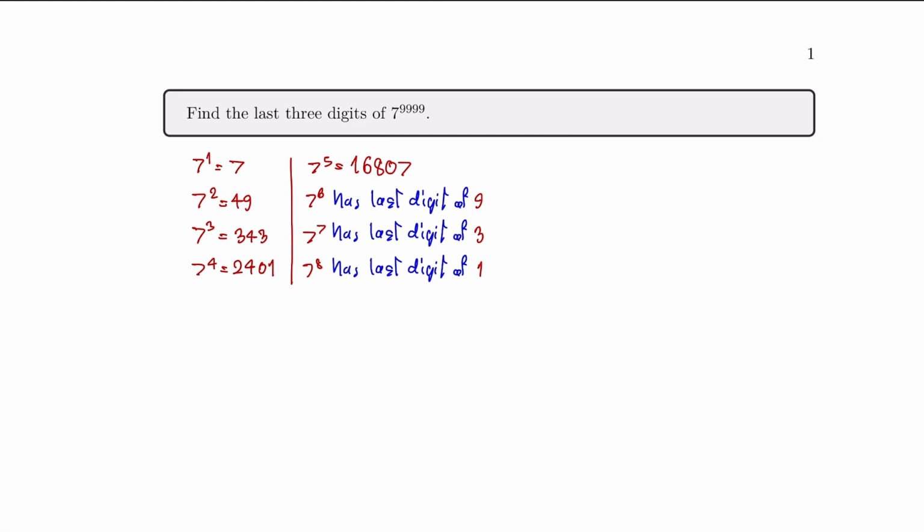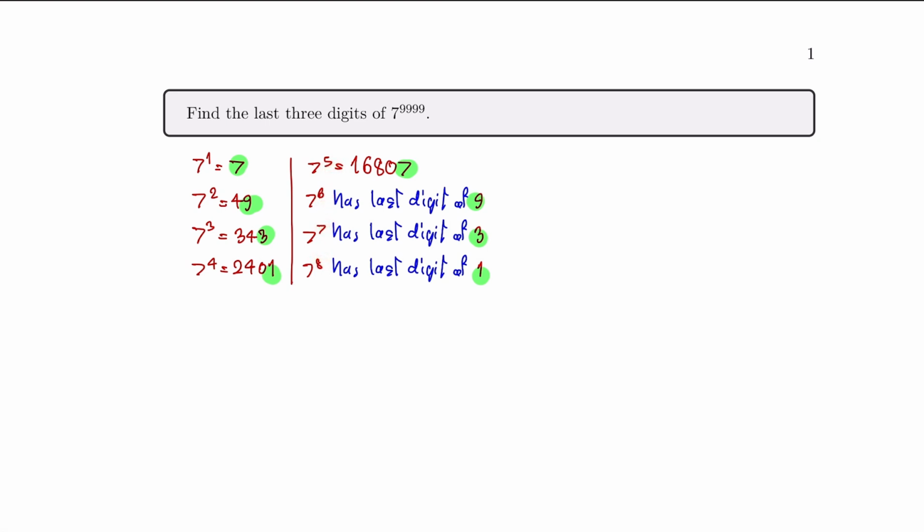The last digits are 7, 9, 3, and 1, repeating. Every four numbers we have this loop, for every exponent that is a multiple of 4.